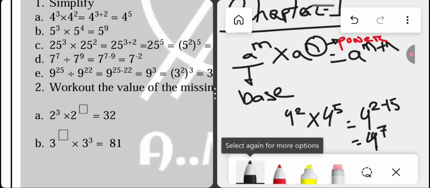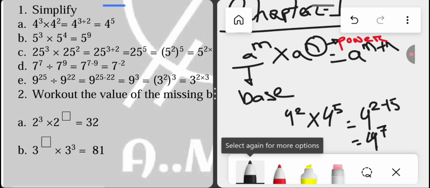Let's look at example number C. Here we are given 25 cube into 25 square. The process will be the same.